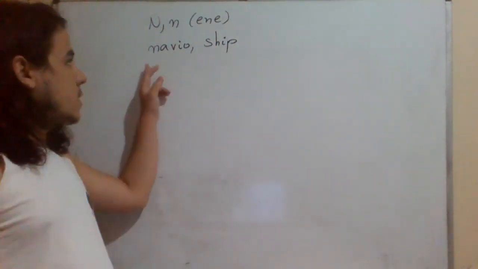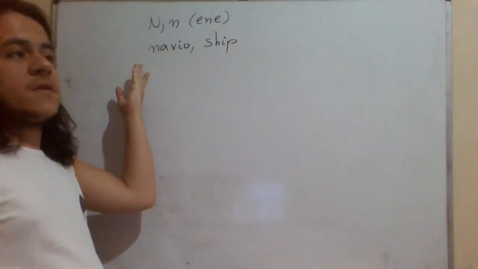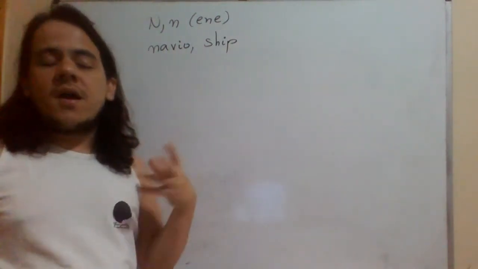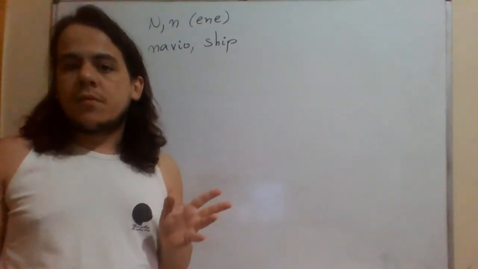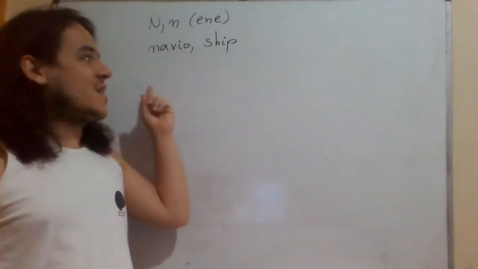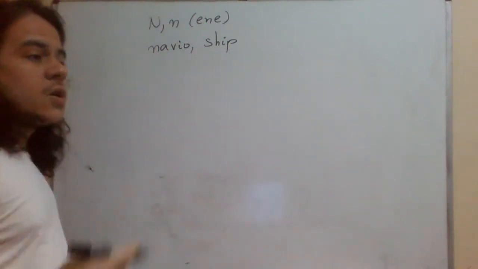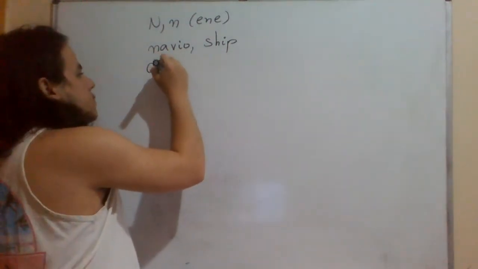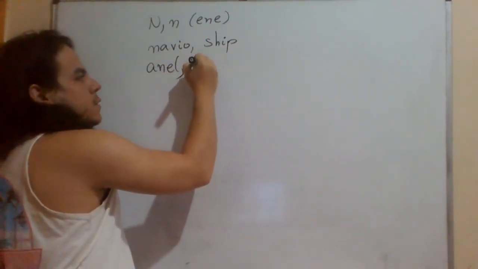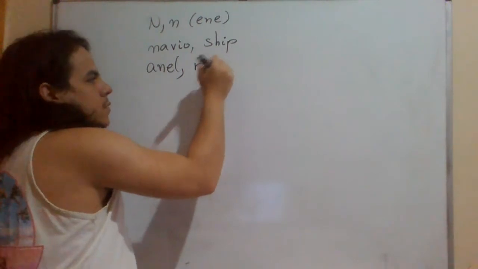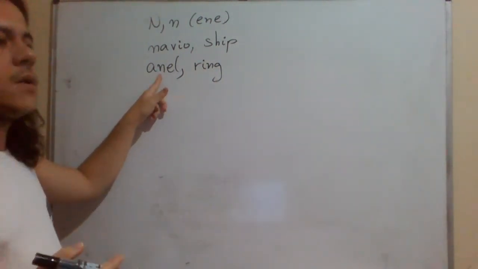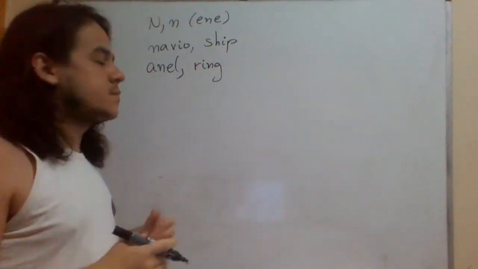Navio. So letter N at the beginning of a syllable has the same sound as letter N in "no", for example, in English. This sound N, navio. Another example, anel. Anel means ring. Same thing, letter N at the beginning of a syllable, this sound N.